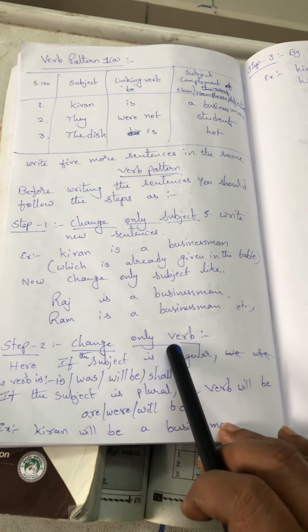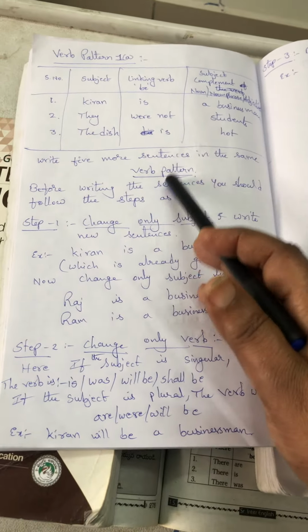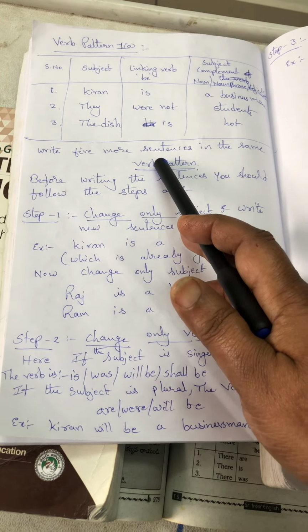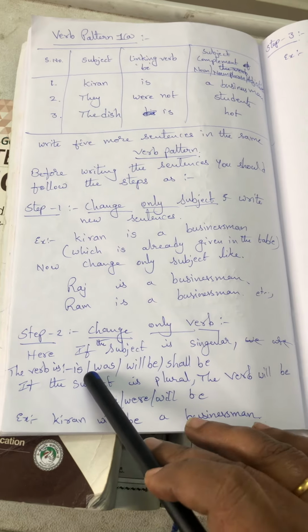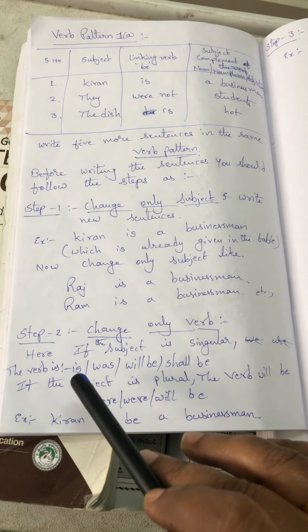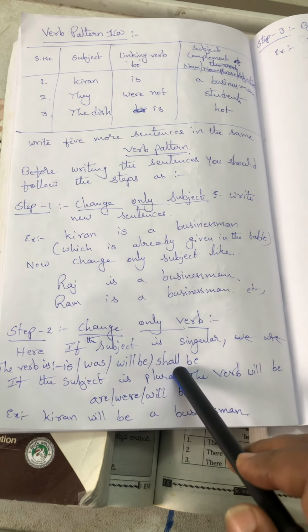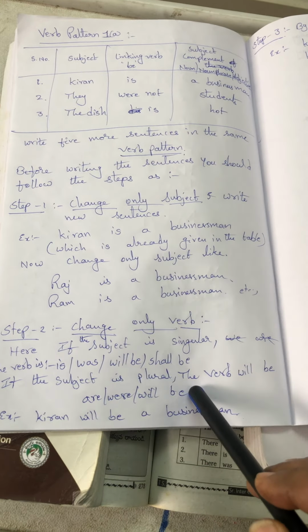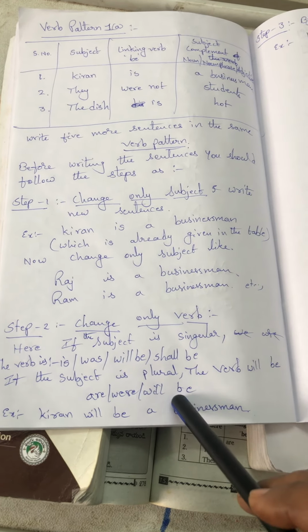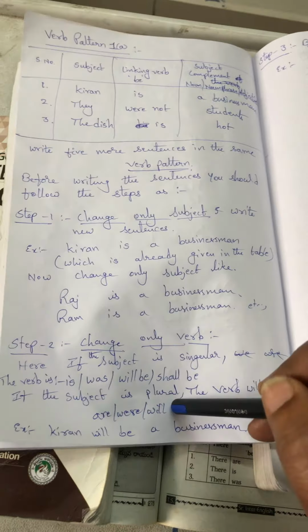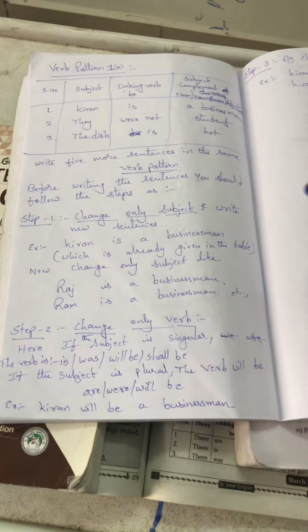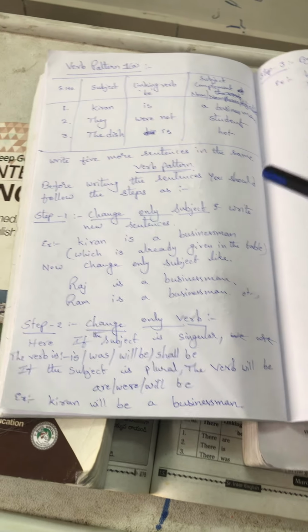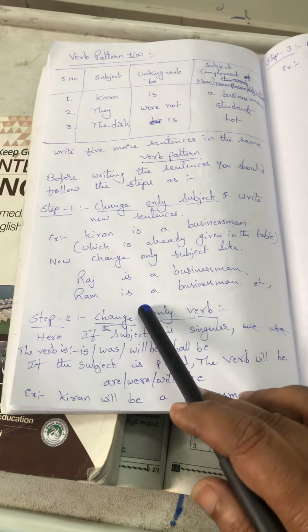Next, step 2 is change only the verb. Now see the verb. Here if the subject is singular, the verb will be is, was, will be, shall be. If the subject is plural, the verb will be are, were, will be. This all you know from previous classes, how the verb changes when it is in singular form and when it is in plural form.